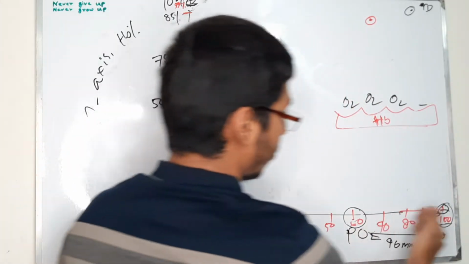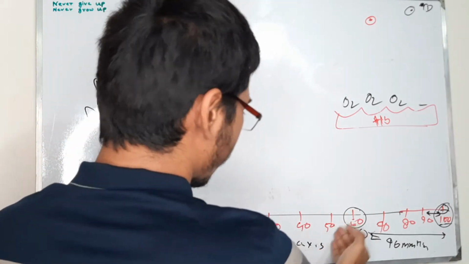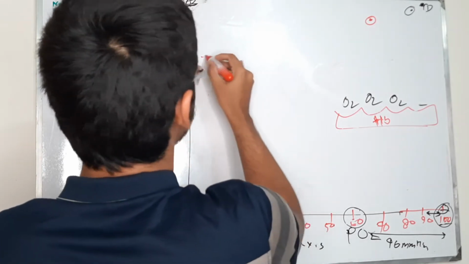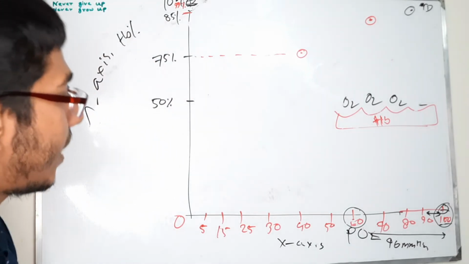That means if I drop my pressure from 100 to 50, or somewhere closer to 40, then I'll get approximately 75% saturation of the hemoglobin.